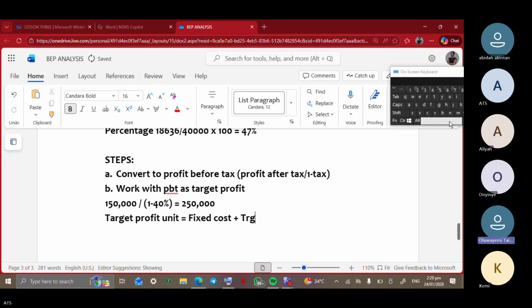Are we just going to do 1 minus the 40 divided by 100? If you can press it on your calculator, 40% is the same thing as 0.4. So you can just find 1 minus 0.4. Whatever it gives you, you use 150,000 to divide it. The formula is fixed cost plus target profit, divided by contribution per unit.